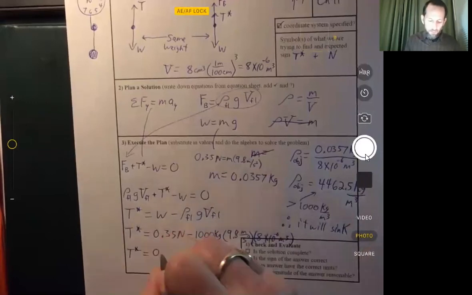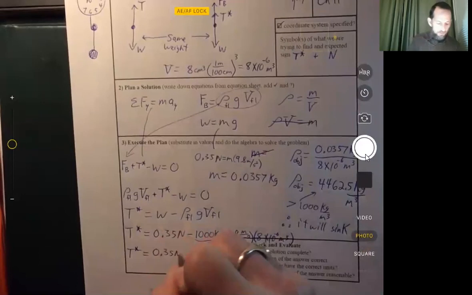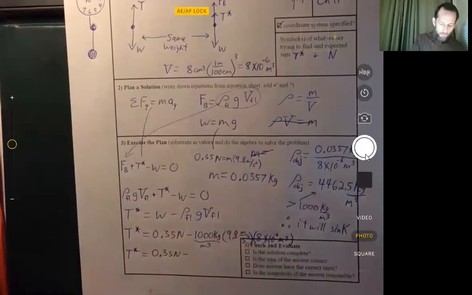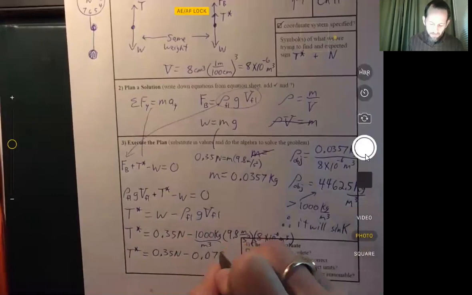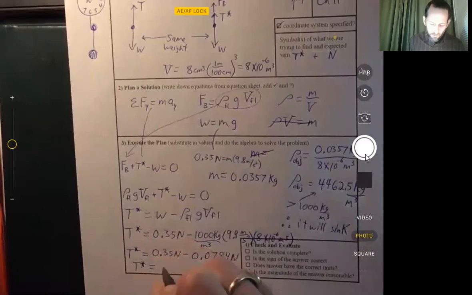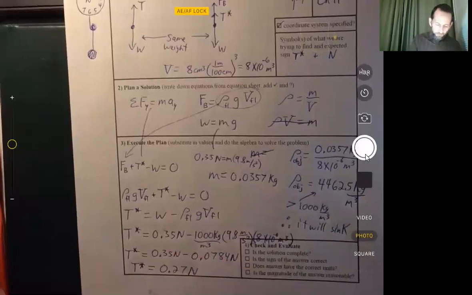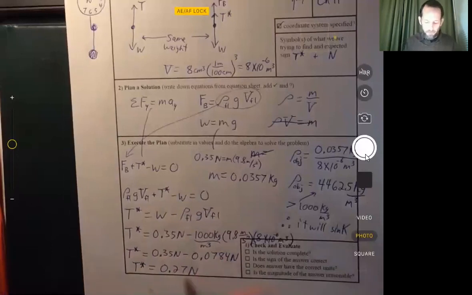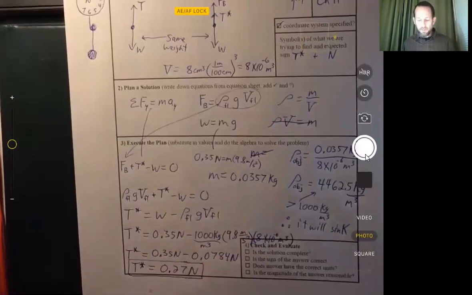And so we get 0.35 newtons minus, let's see what that comes out to, 0.0784 newtons. And so we subtract, and we get 0.27 newtons. We rounded it to the hundredths place here. All right, and there's your answer.